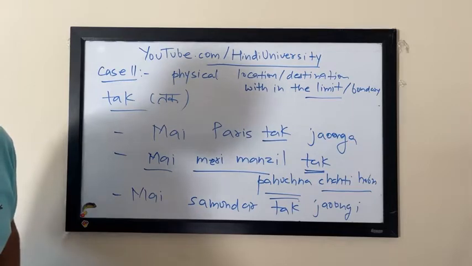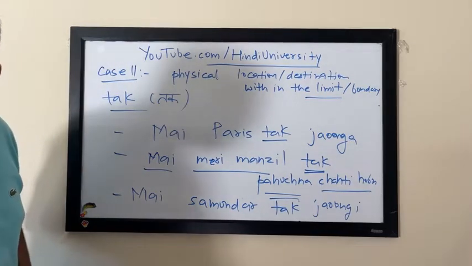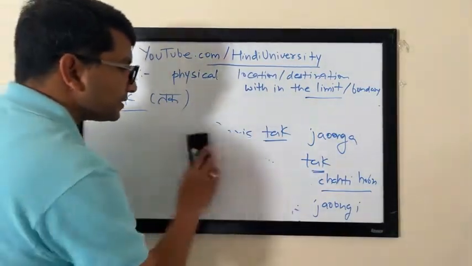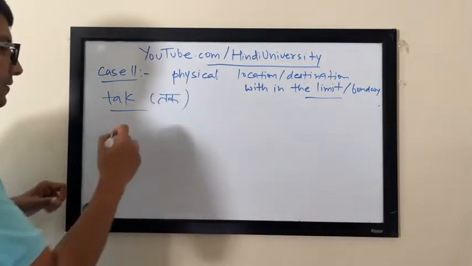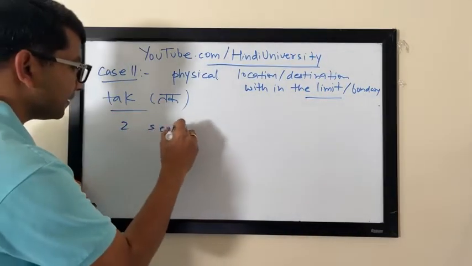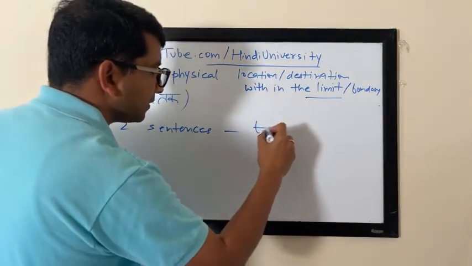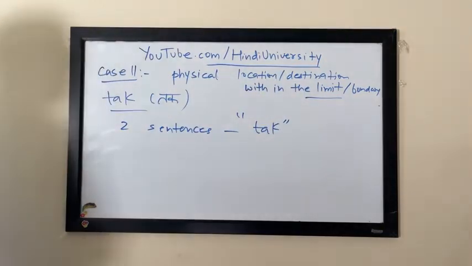Okay, so the homework exercise on this one is think about two sentences where you will be using tak. Okay, again they should involve physical destination. Okay, and you are really reaching till the boundary.